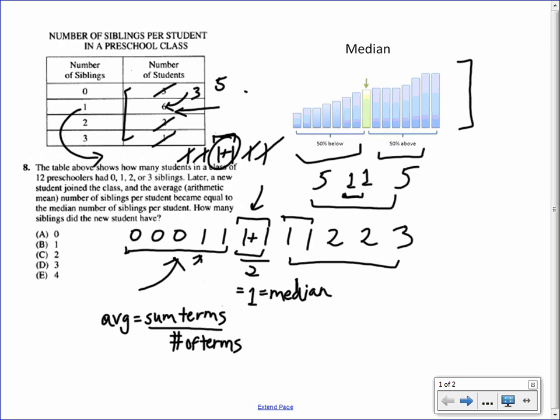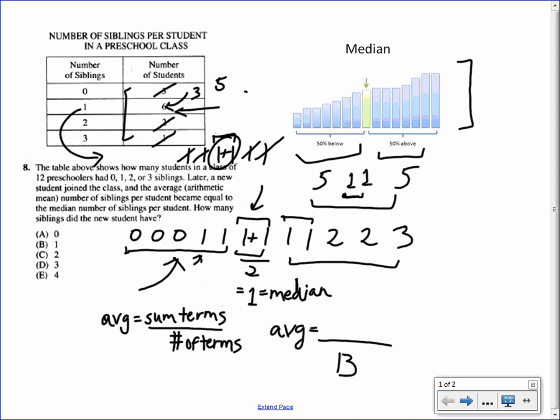So this 13th student is added, and then we have this change in the equation.